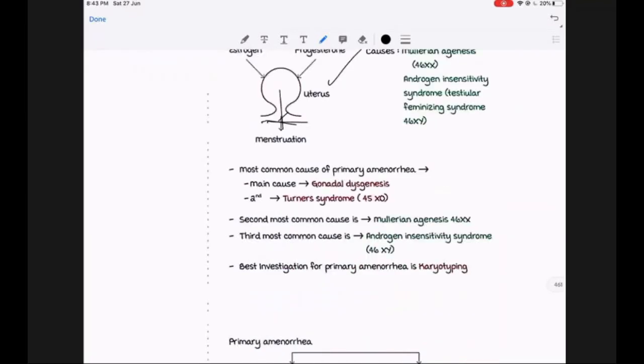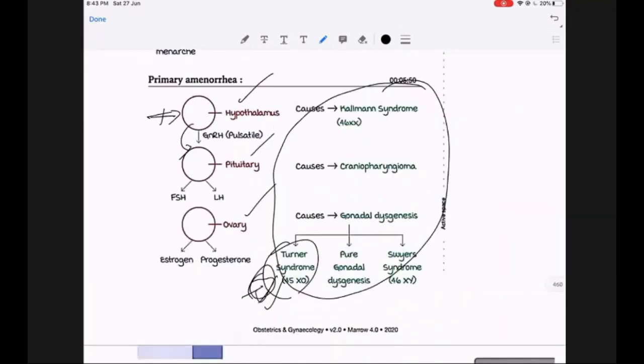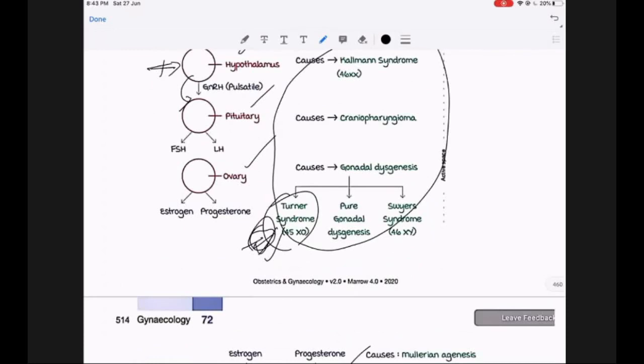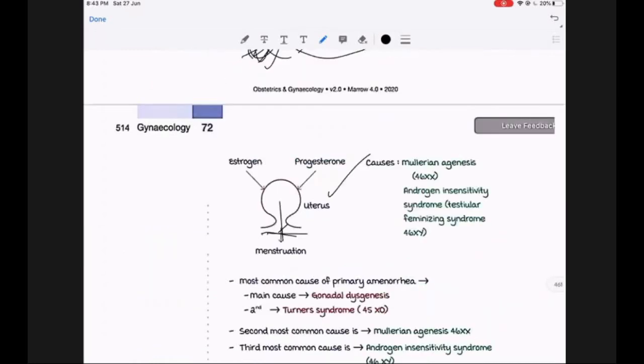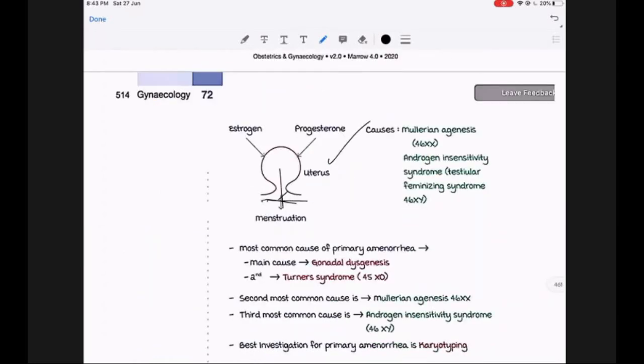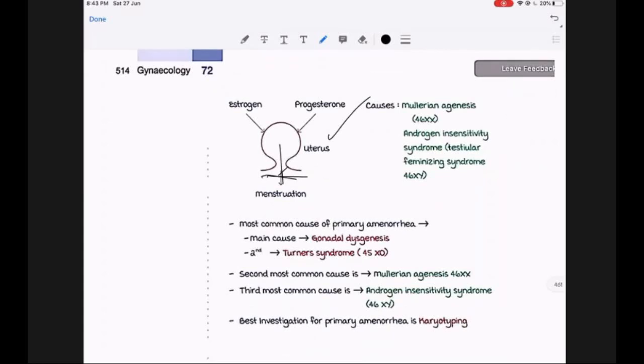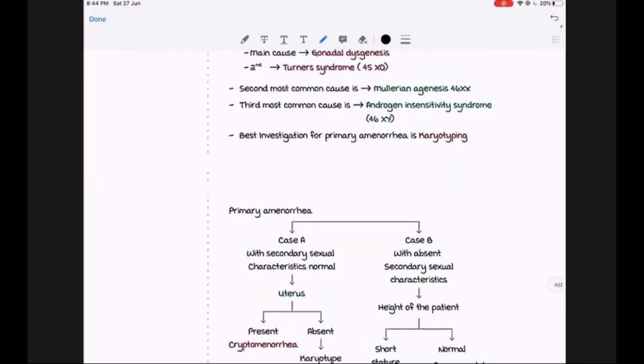Cool. Now what all did we discuss? The most common condition was Turner syndrome. Then the second thing we said was everything is normal, but she's still not menstruating. That can be because of a condition called imperforate hymen, and it can even be some obstruction that is there. Okay. Now we'll talk about two cases.